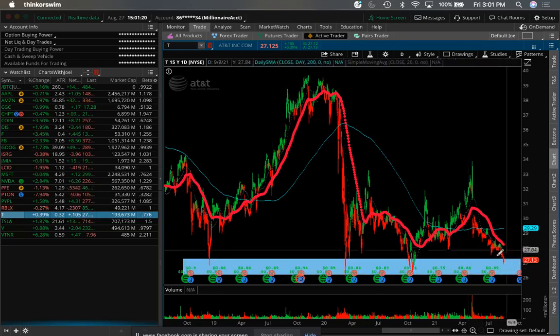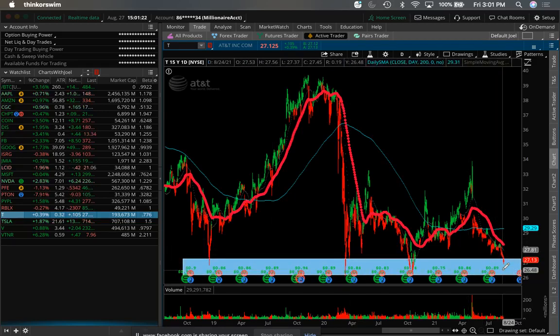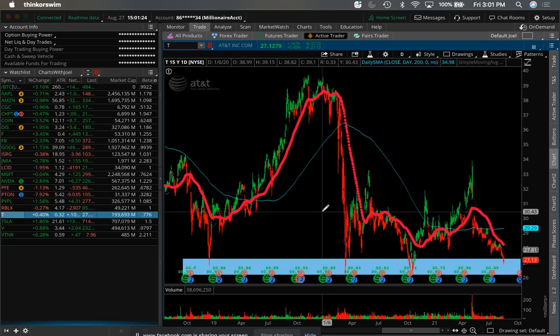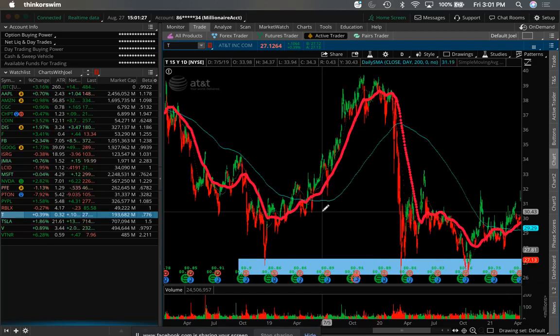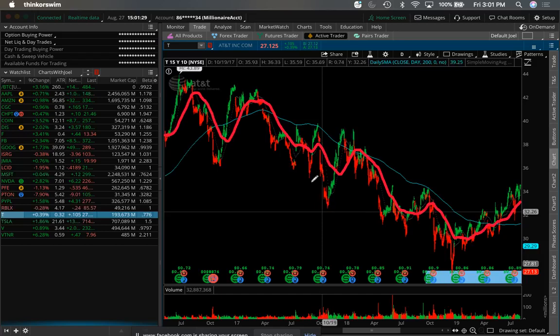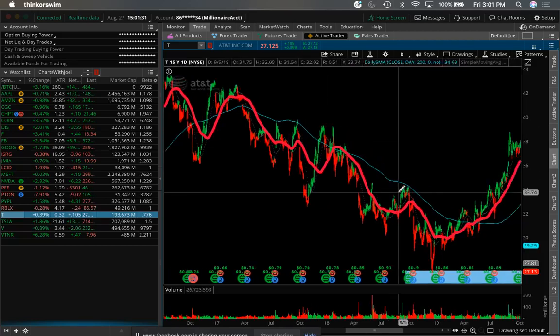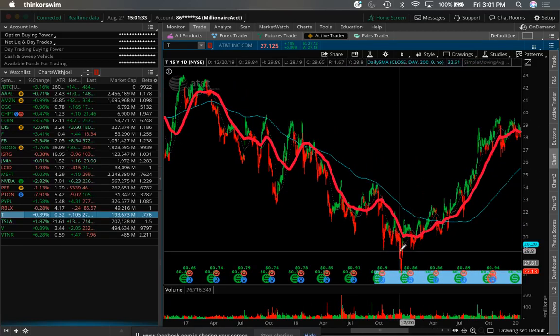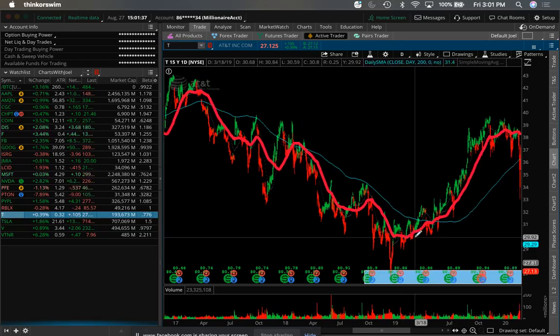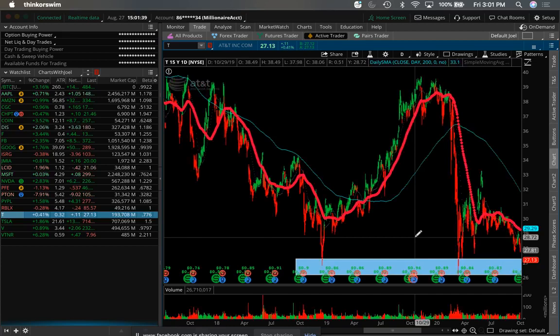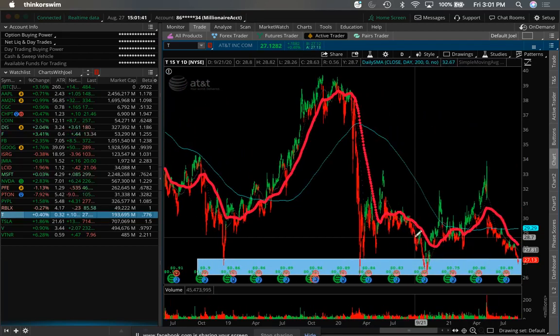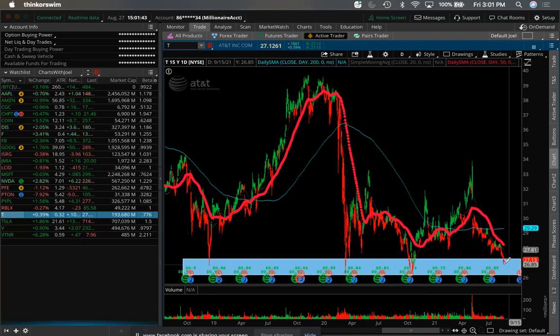Wouldn't you want to buy something at the lows? Okay. So we're at the lows. And those were the lows from March. No, that's 2018. We're at 2018 lows. I'm seriously thinking about buying this, okay?